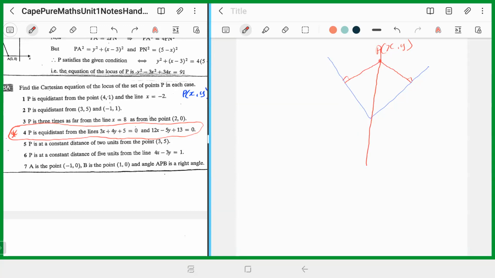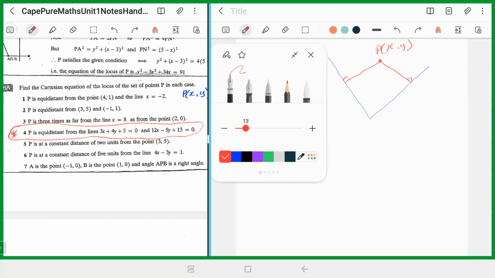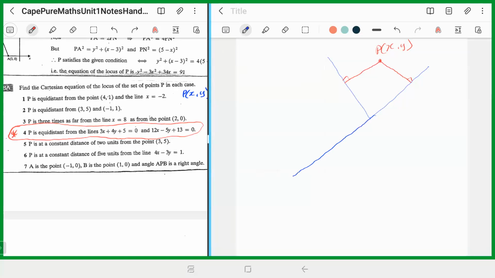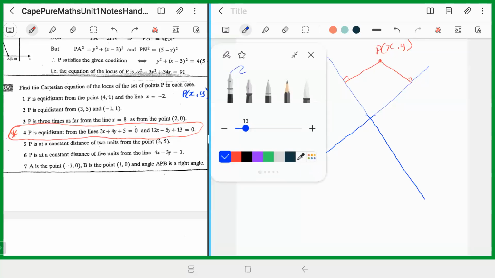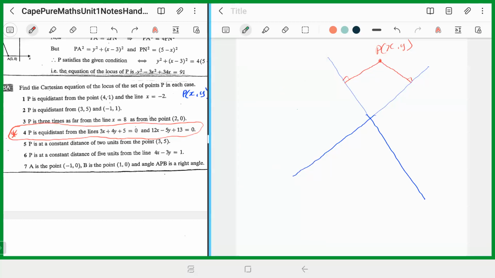But you can also get two lines. There's another way it can move. Let me show you why. If you extend the lines down here and down here, then the point could be over here instead. The point could be here, so that this distance and this distance are equal. It's still between the same two lines, so the point can also move this way.